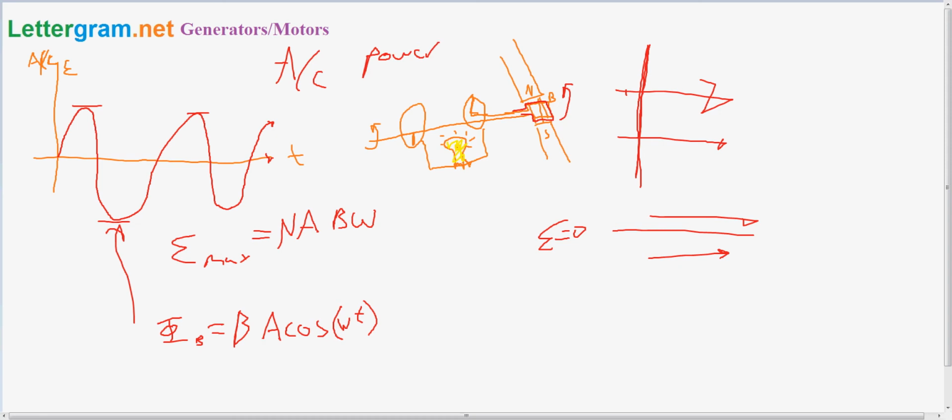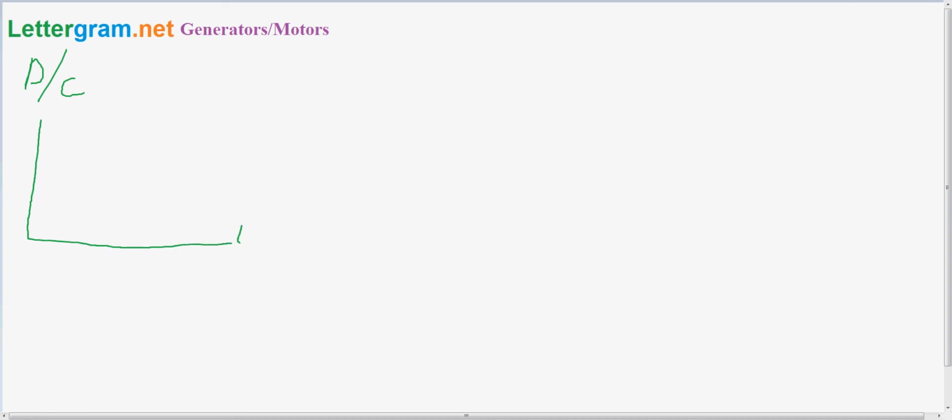Now I'm going to wipe this all clean and show you another way. This is going to be in green, and this is DC power. Now I'm going to, again, use the graph and draw a picture. Magnetic field lines.